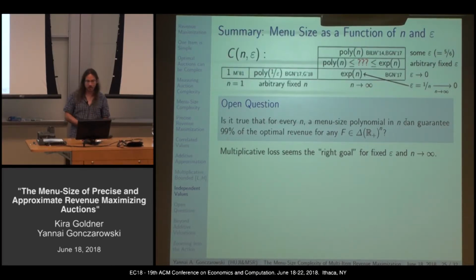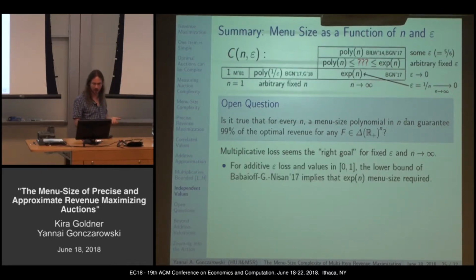And I will argue to you that multiplicative loss is the right goal for fixed epsilon and for having n tend to infinity, multiplicative rather than additive, because for additive loss and values in 0, 1, the lower bound that I talked about of Babaioff et al. implies that exponential menu size is required.